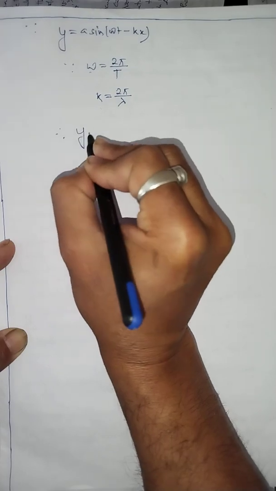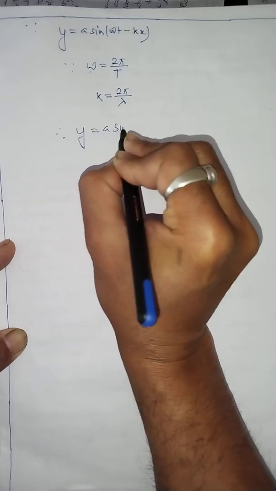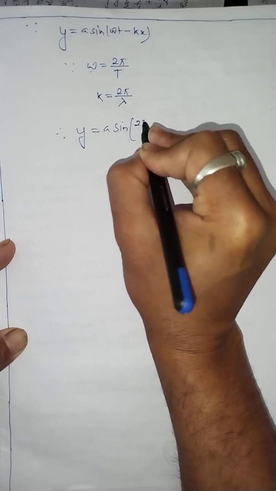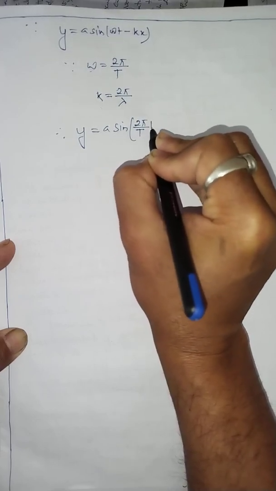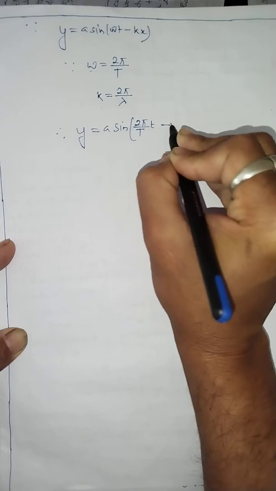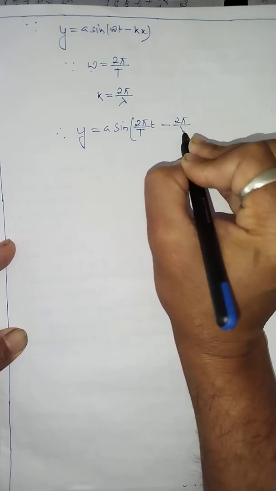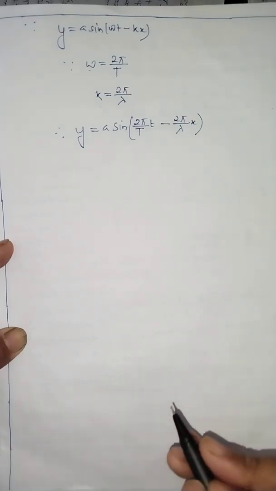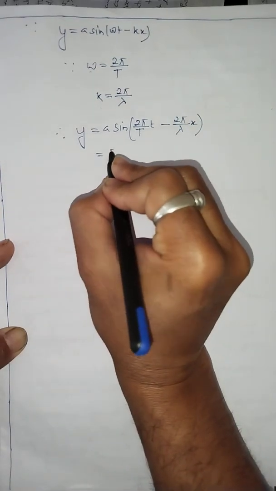So let me write down now: y equals a sine of (2 pi by T) t minus (2 pi by lambda) x. Now in the relation I can take 2 pi common.